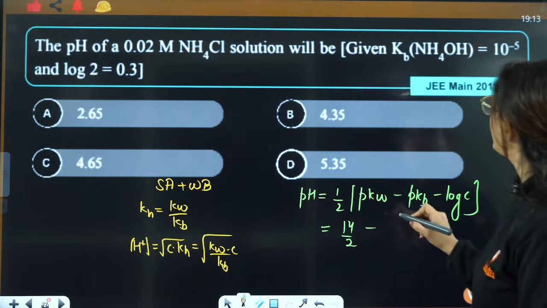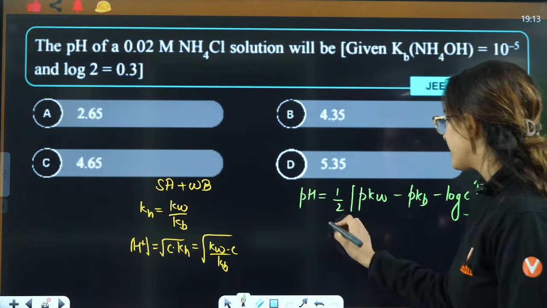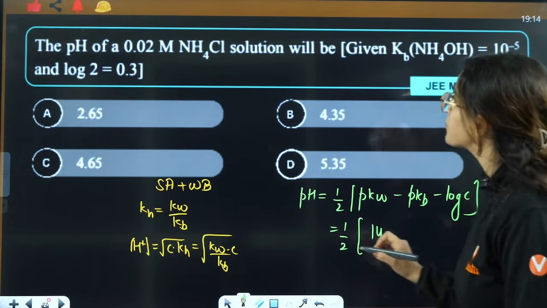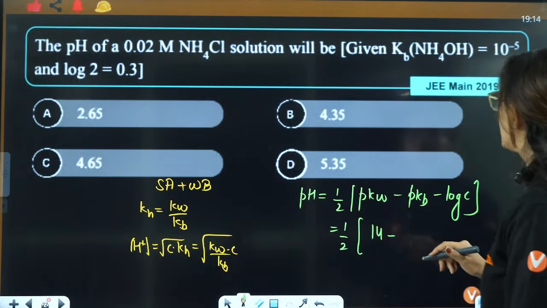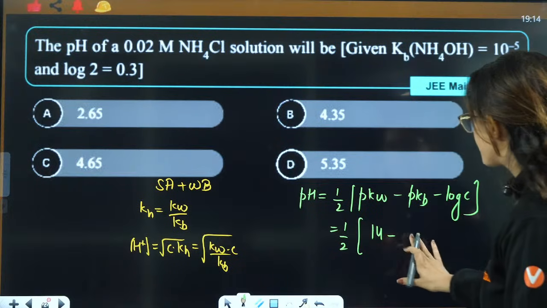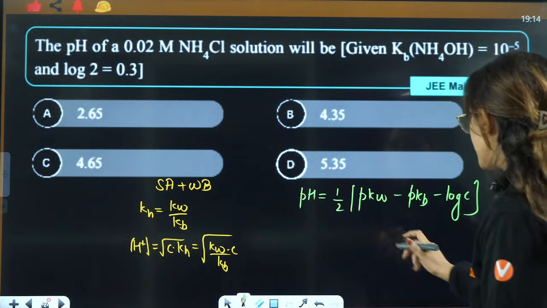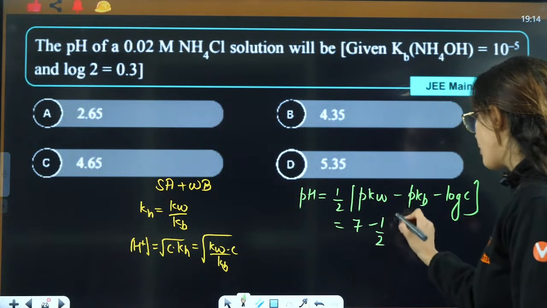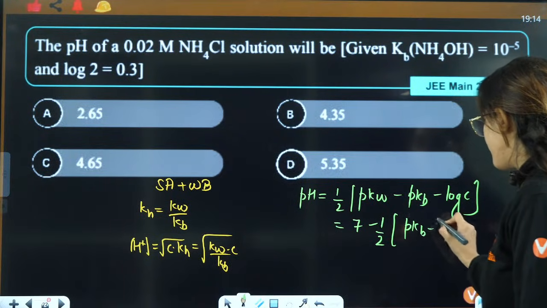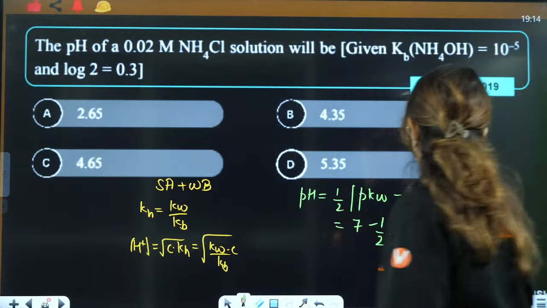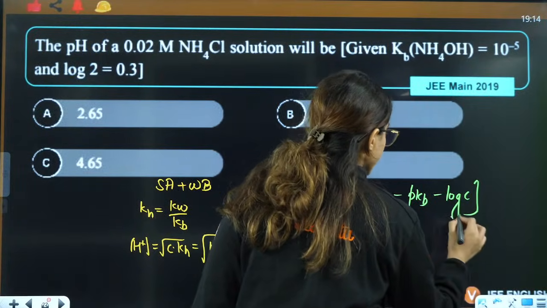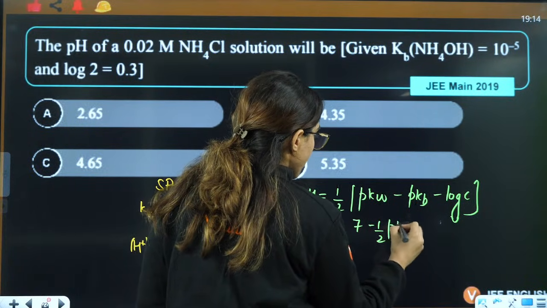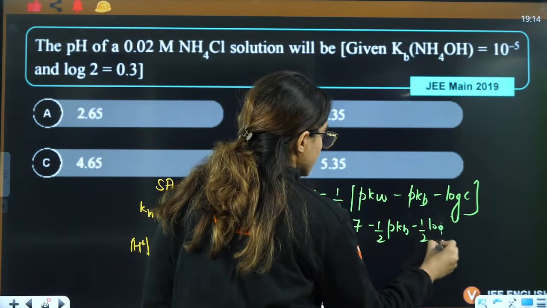Or you can just define it like this: this is half of 14 minus pKb. pKb is not given exactly, so what I will do rather is convert it: this is 7, because 14 by 2 is 7, minus half of pKb minus log C. Or you can just solve it like this: 7, this will be minus half of pKb minus half of log C.